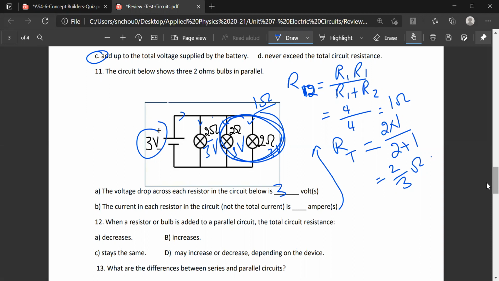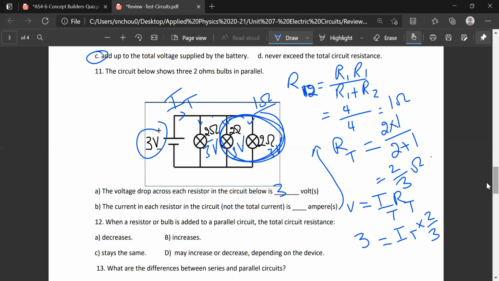The battery voltage and the total resistance determine the total current. So first, let's determine the total current. And that current will then split in 3 parts between the 3 equal resistors. So let's calculate. The formula is V equals IR. To calculate the total current, you use the total resistance. V is 3, the battery voltage, equals I total times 2/3.